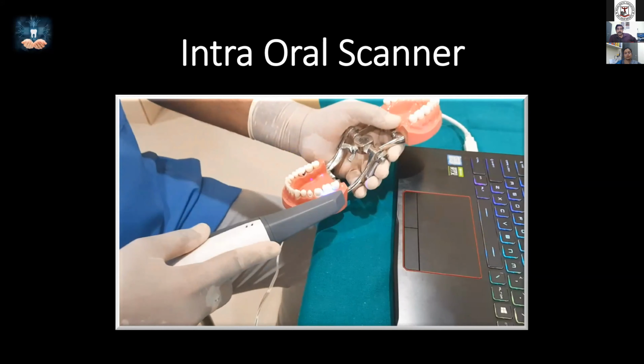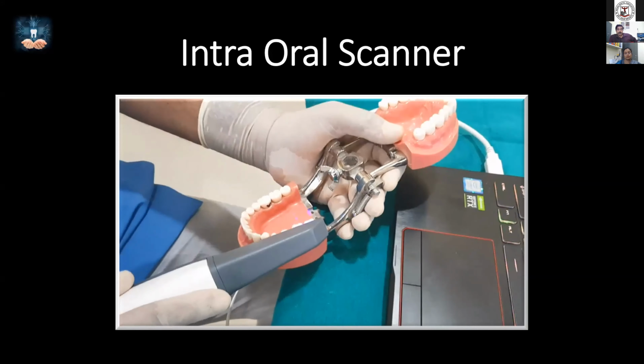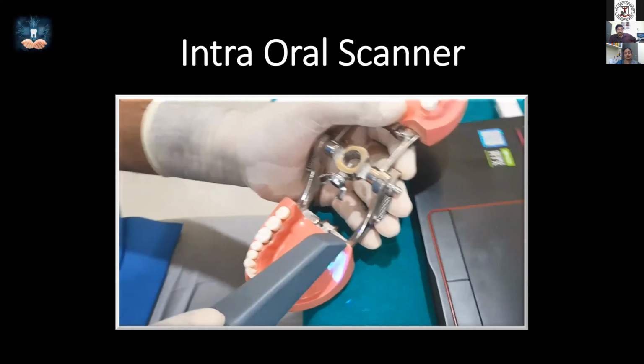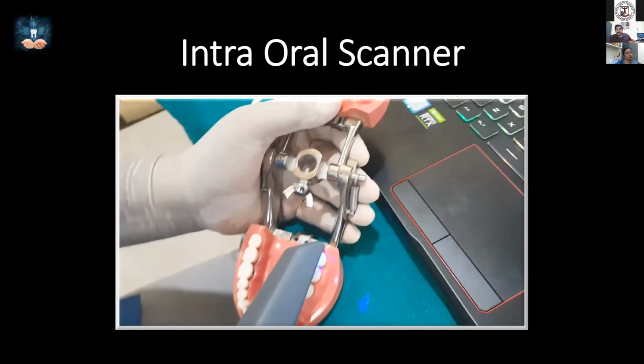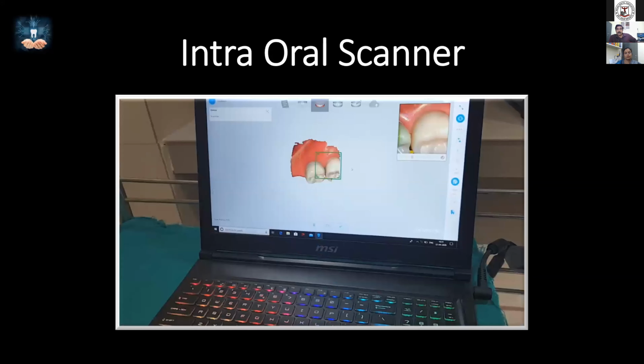Scanning starts from the buccal side and moves slowly towards the lingual. Step by step, the whole area has to be covered with the scanner. We can move buccal to lingual, lingual to buccal.